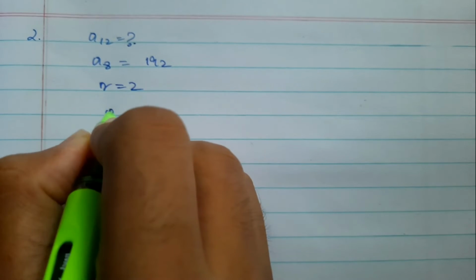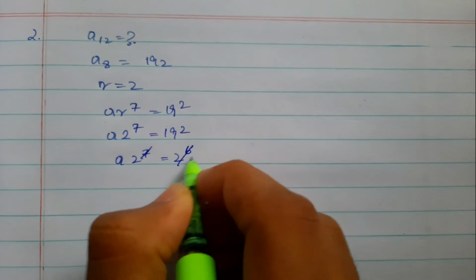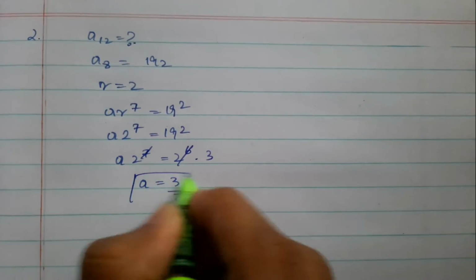Next, second question. A12 equal to how much? A8 equal to 192. Common ratio R equal to 2. So AR power 7 equal to 192. A into 2 power 7 equal to 192.